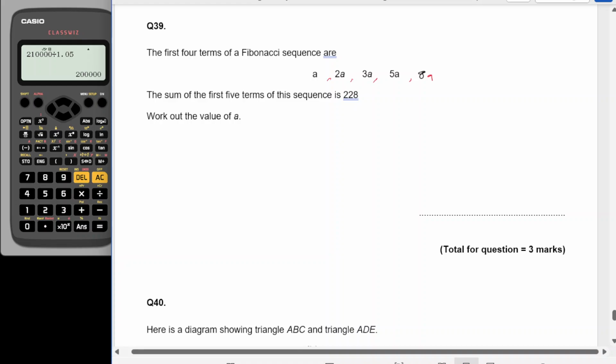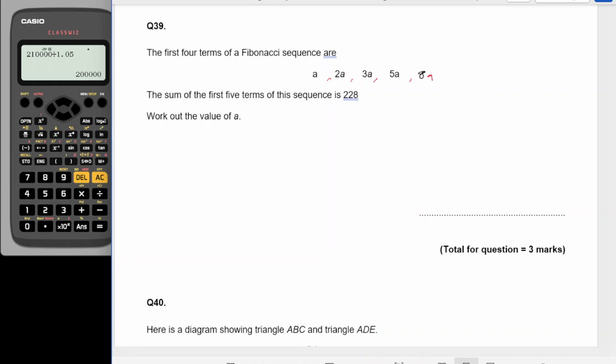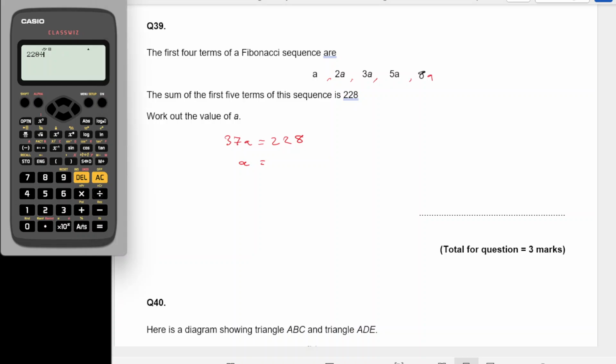Now that we've got all 5 terms, we can add them together. So in effect, 1 plus 2 plus 3 plus 5 plus 8. So we've got 37A, and that's equal to 228. So A is going to be equal to 228 divided by 37. So 228 divided by that answer. That doesn't look like a nice number.